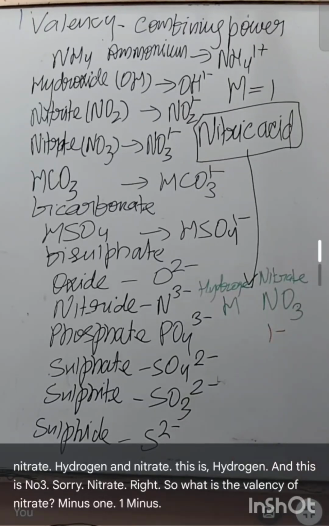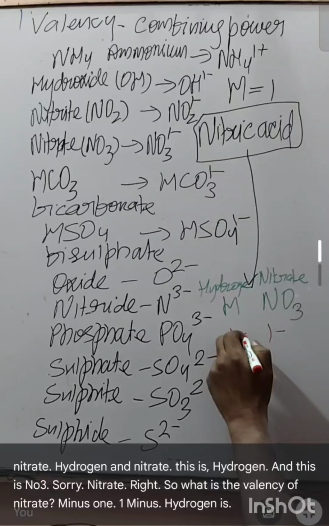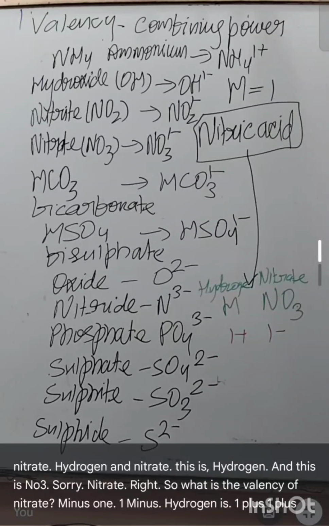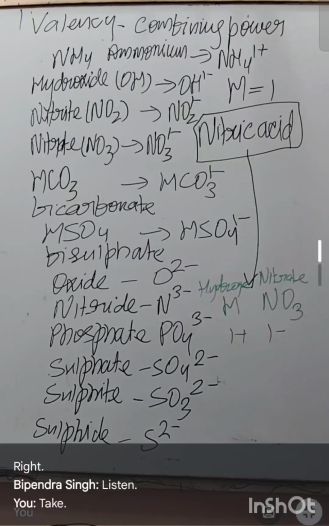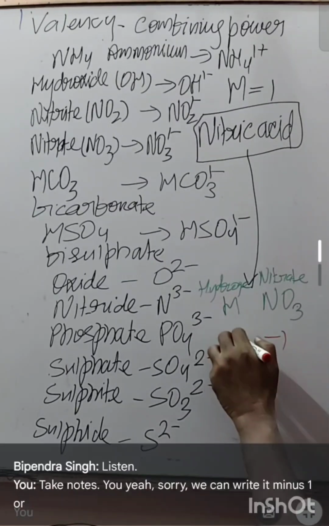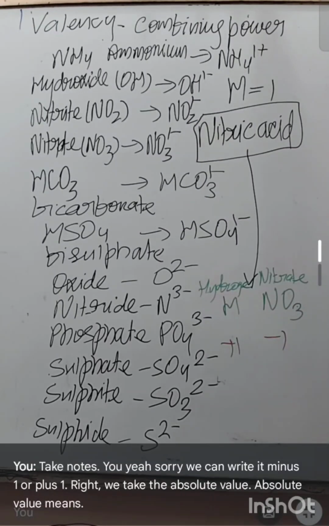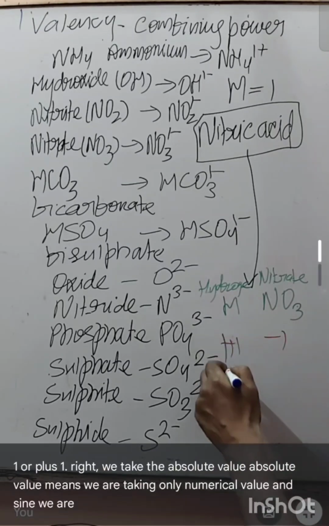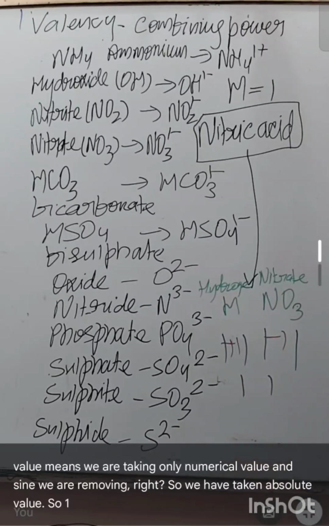1 minus. Hydrogen is 1 plus. Right? Take the absolute, sorry, we can write it -1 or +1. We take the absolute value. Absolute value means we are taking only the numerical value and the sign we are removing, right? So we have taken absolute value, so 1 and 1.